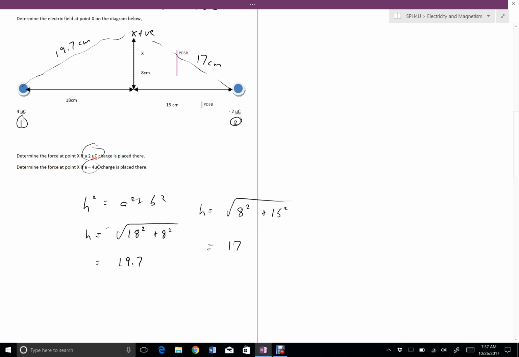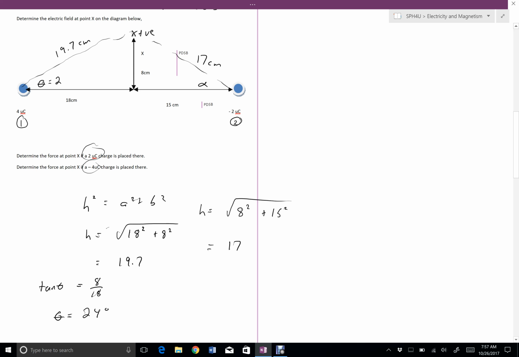I also need these angles. I might as well do that while I'm here. So I'll call this one theta and this one alpha. So tan theta is equal to 8 over 18. So I can use that to get theta. So I get 24 degrees, essentially.